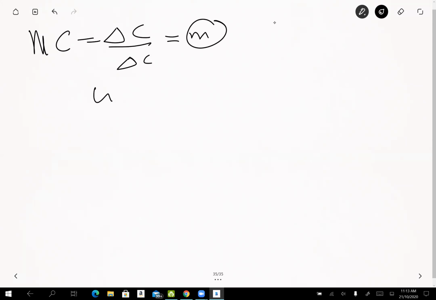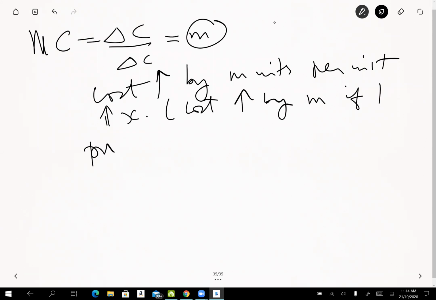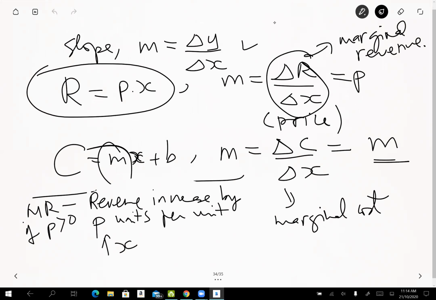That means the cost will increase by M units per unit increase in X. So the cost will increase by M if I produce one more unit of the good X. Now for the revenue, it's similar, but we are not talking about production, it's about sale.